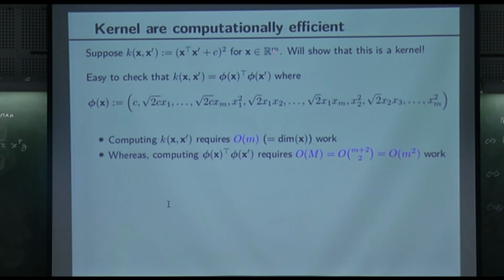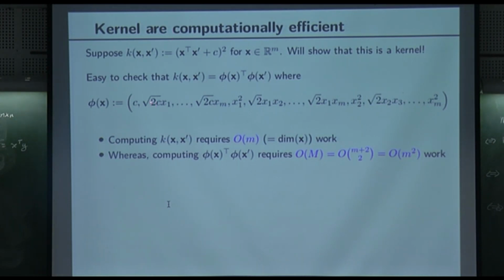So x lives in R^m, and so the way to construct this product squared is basically you take the constant c that will correspond to the c squared term that's going to come from this product. You take all the linear terms from x1 through xm that will correspond to the term 2 times c times x^T x'.